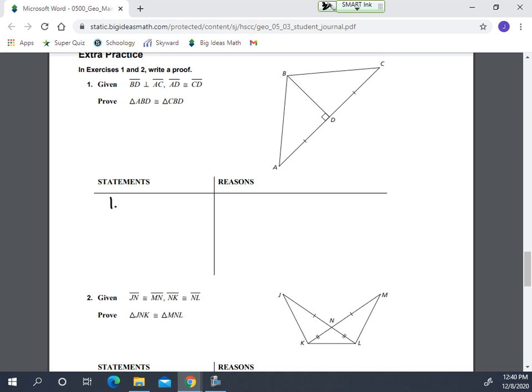With our first given, we know that BD is perpendicular to AC. Why? That's given. And we know that AD is congruent to CD.